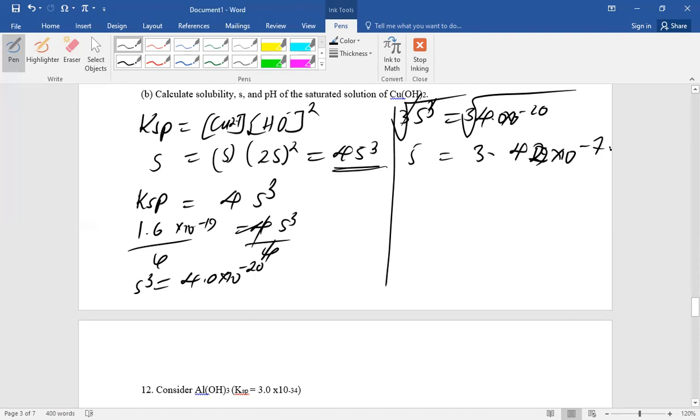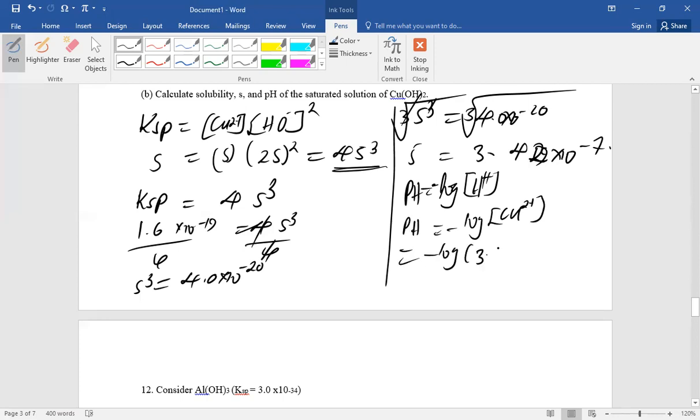Now that this is the case, we're going to find the pH. The log is for hydrogen ions. In this case we don't have hydrogen ions, but the positive ions we have are those for copper 2. So pH is the negative log of that, negative log of 2 times 10 power negative 7.